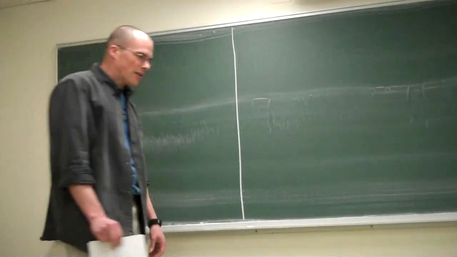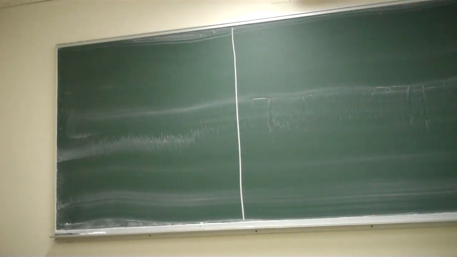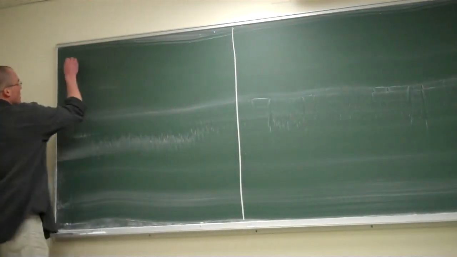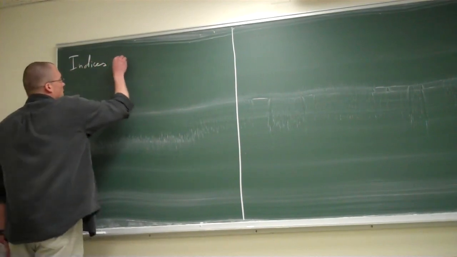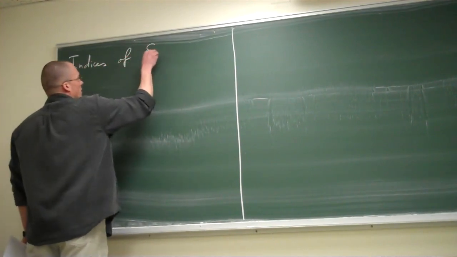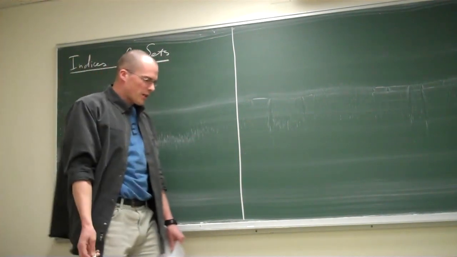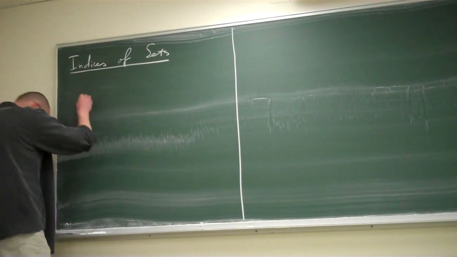Anyway, so in talking about this recursion theorem, one of the applications was about indices, and I did want to say a little bit more about this. So, indices of sets. We already saw some things, right?